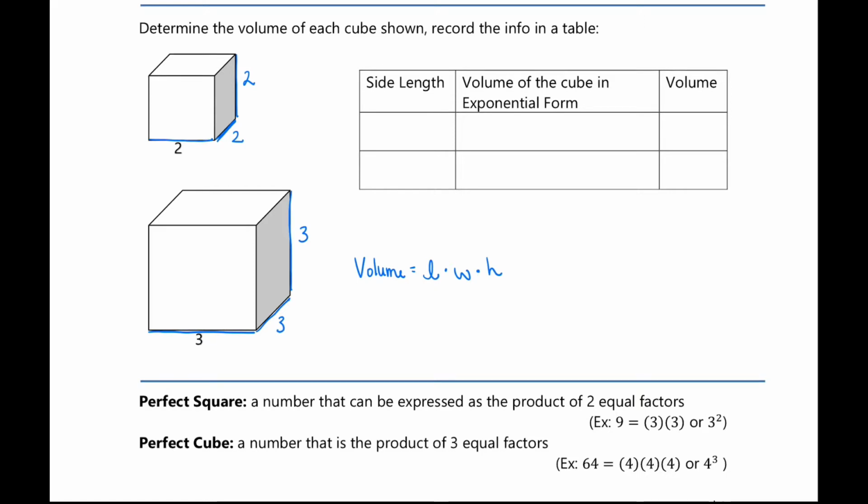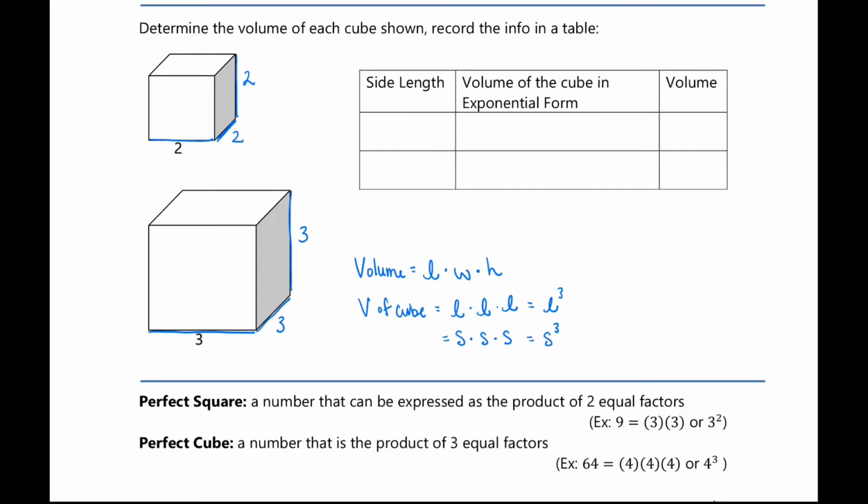But with the volume of a cube, we can actually shorten it by saying either length times length times length because they're equal, or we can use a different variable, s for sides. And then we can rewrite this into the exponential form, which is L cubed or S cubed. Depending on which variable you choose to use, please specify before you go straight into the exponential form so I know what you're talking about.